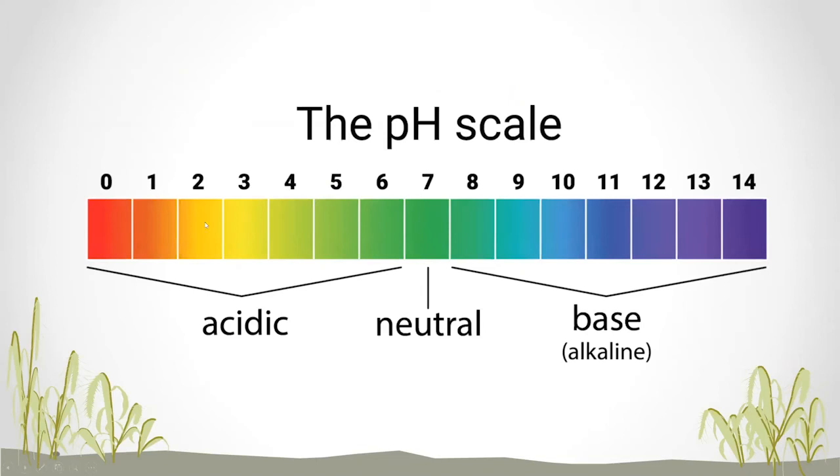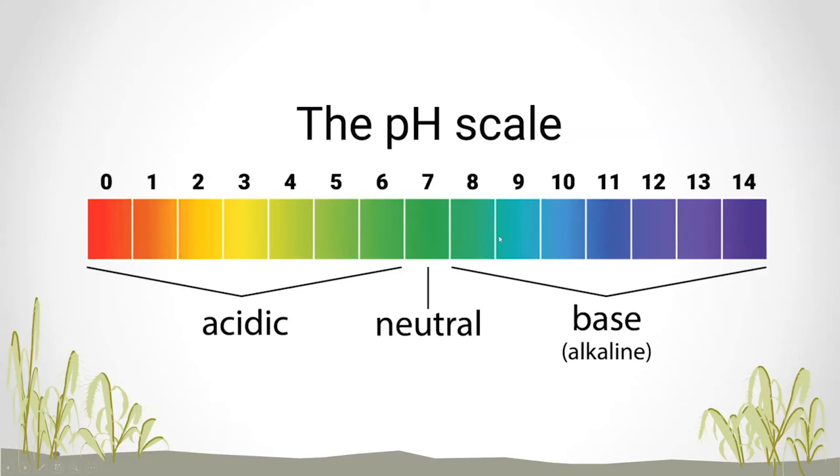Everything below 7 is acidic, and everything above 7 is alkaline. And each whole number increment is another 10-fold increase. So if we're at 7 and we move to 8, that's 10 times less hydrogen activity or more hydroxide activity. Again, we go to 9, that's 10 times more, or 100 times over what the neutral condition was. 10 would be 1,000 times, 11, 10,000 times, and so forth.